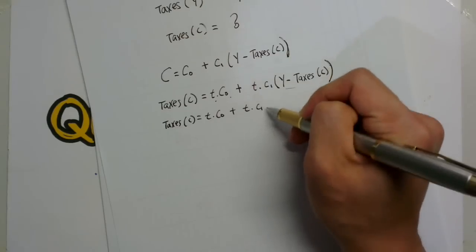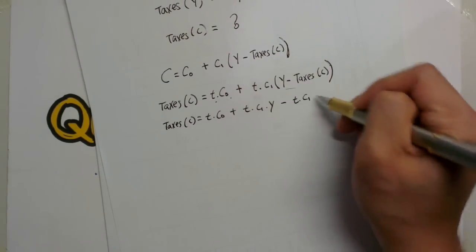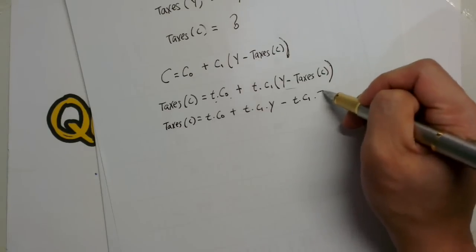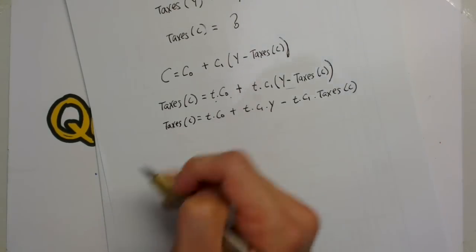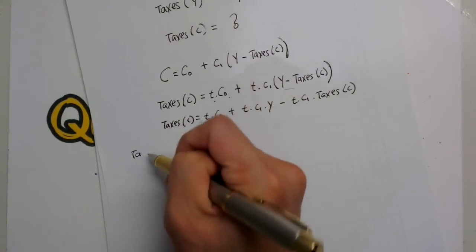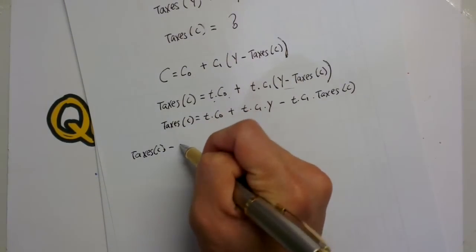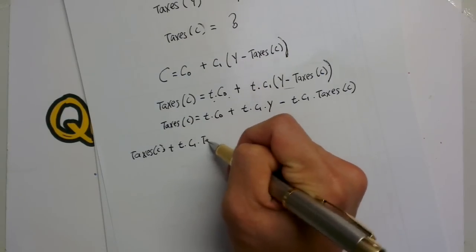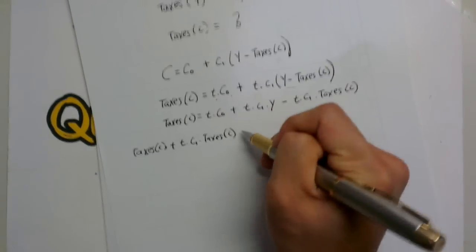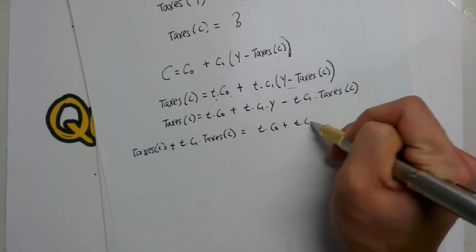So here goes. Okay, so I'm going to expand the bracket out. Sometimes I just hate maths, man. Okay, so I'm going to bring this to the other side. So this is going to be taxes plus T C1 taxes equals the rest of the chunk over here.